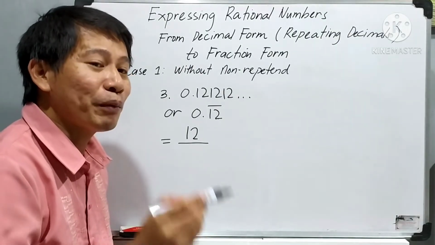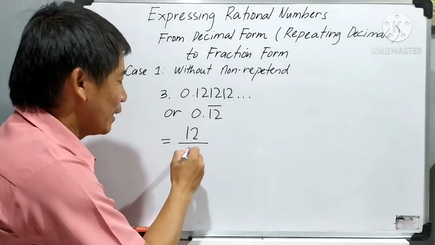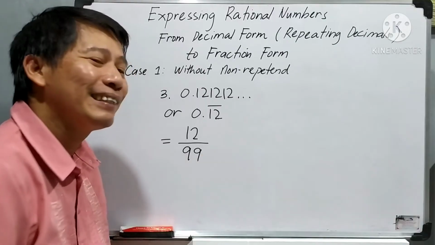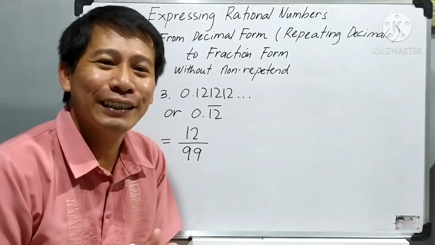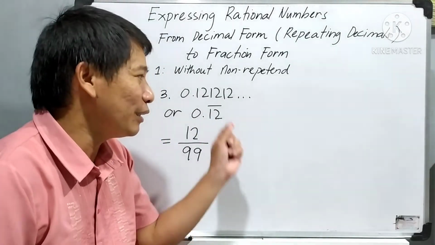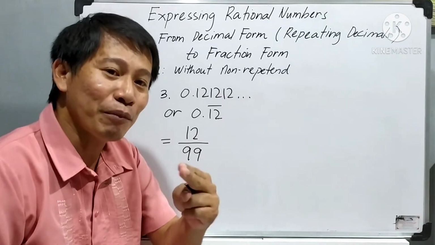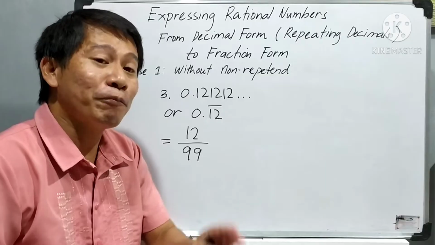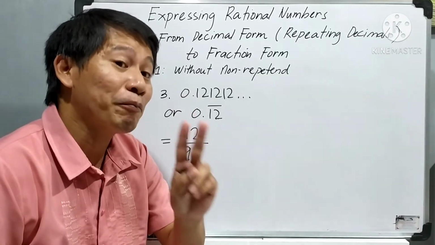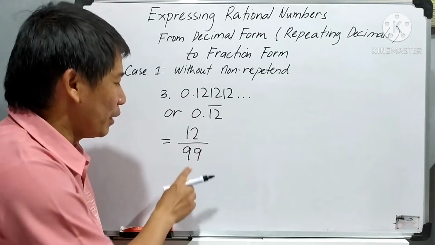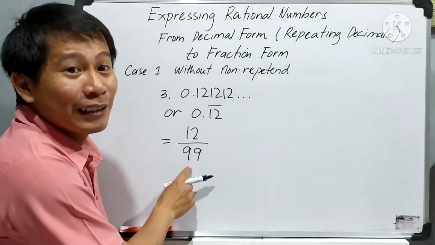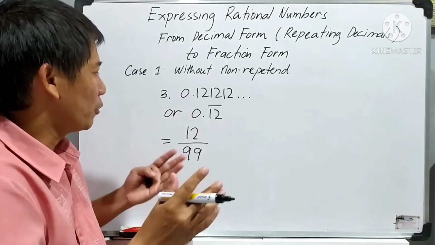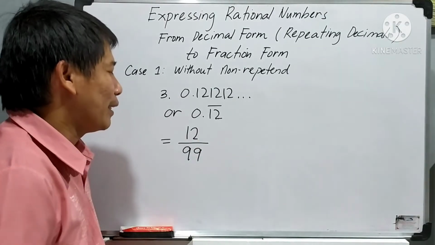So, therefore, ang pinaka-denominator natin is 99. So, nakuha nyo po yung tricks. Pag isa lang ang repeating digit, kanina, ang denominator is 9 only. Pero, if we have 2 digits repeated, our denominator is 99. Okay. So, 12 over 99.